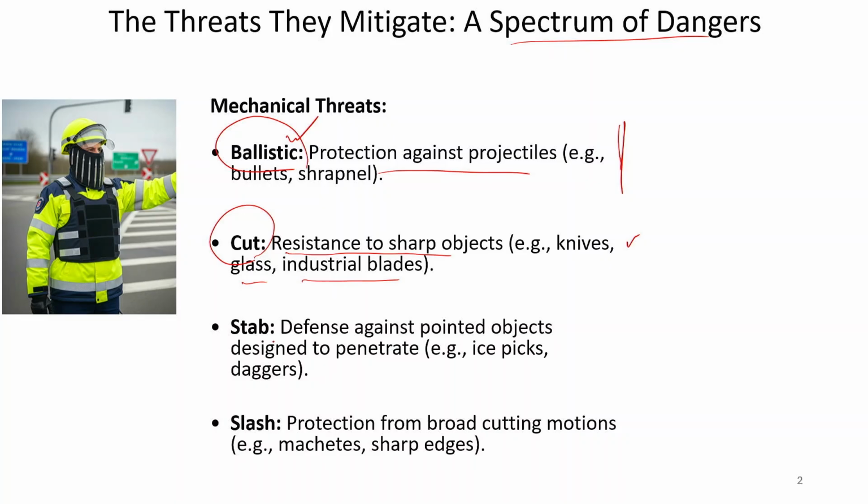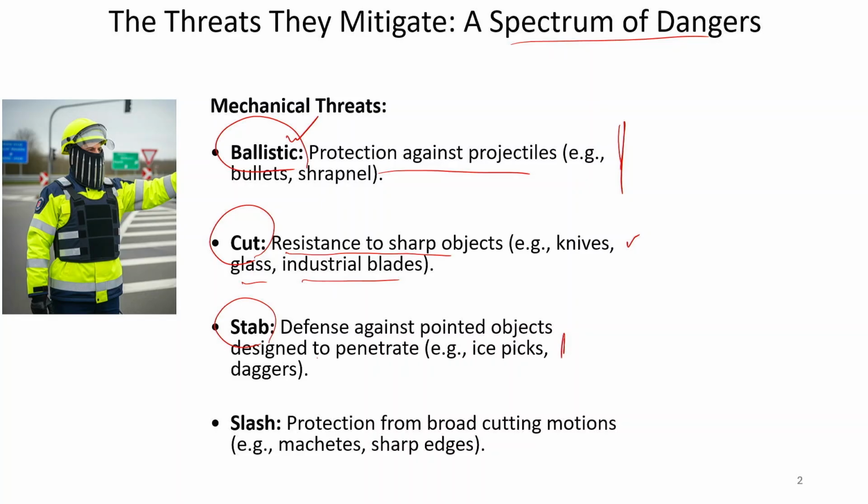And stab is entirely different from the ballistic and cut, because this is defense against pointed objects designed to penetrate, like ice picks, daggers. So, these are meant for stabbing. So, we need to protect ourselves from any injury from stab.